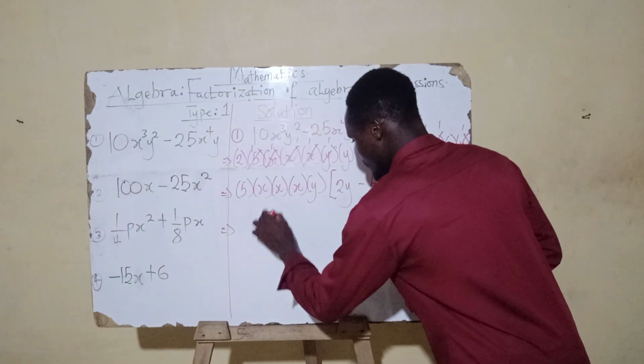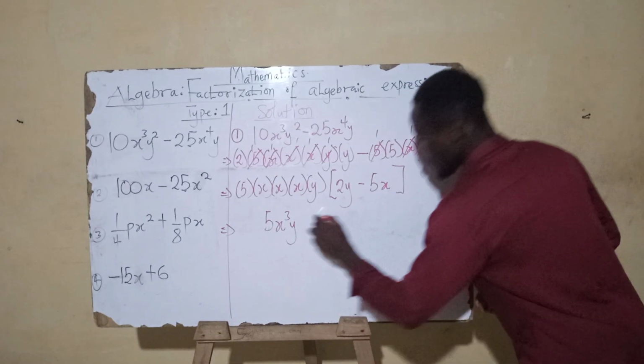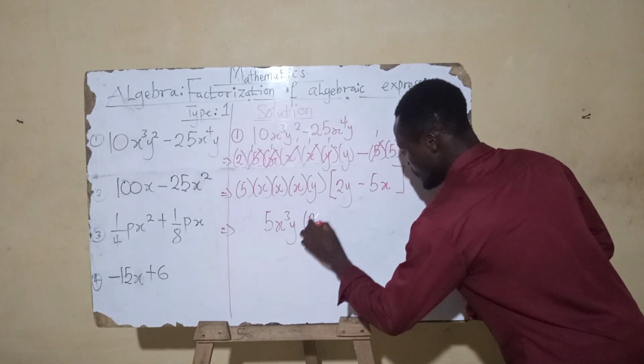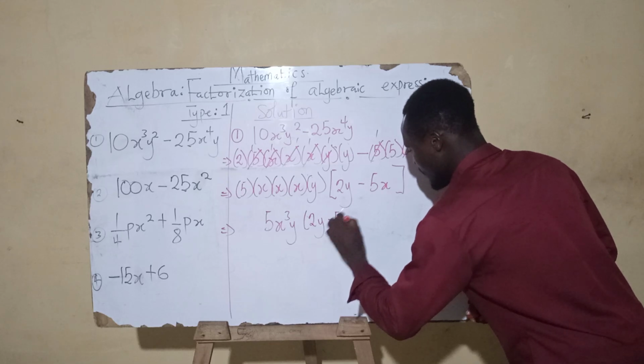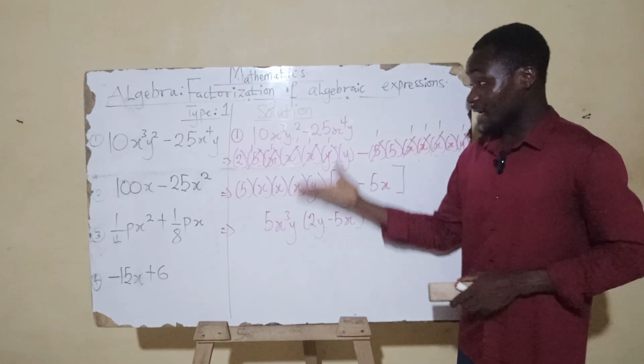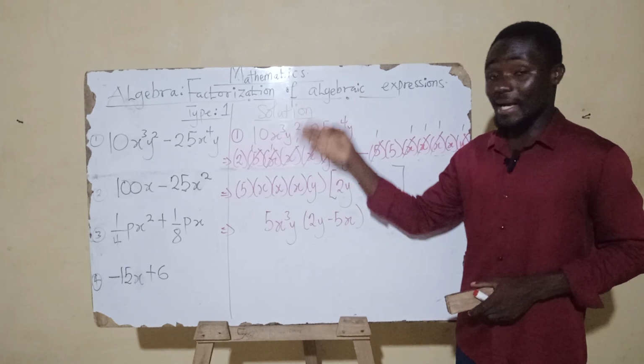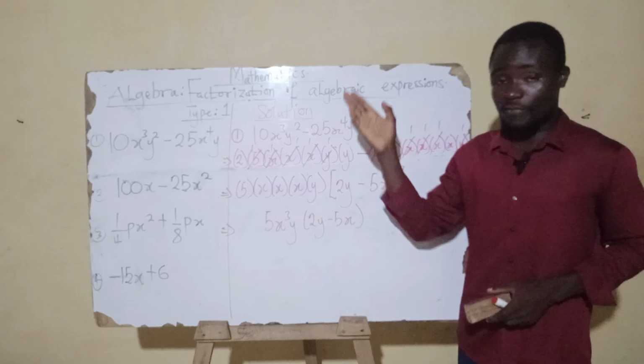So I'm getting 5x to the power 3 y, and then I have in a bracket 2y minus 5x. So this then becomes my answer. I am done factorizing the expression 10x cubed y squared minus 25x to the power 4 y.